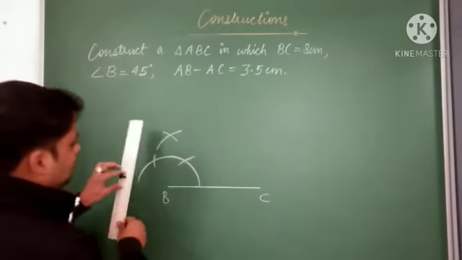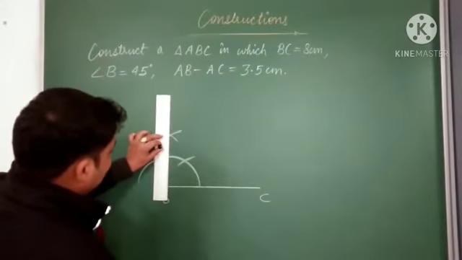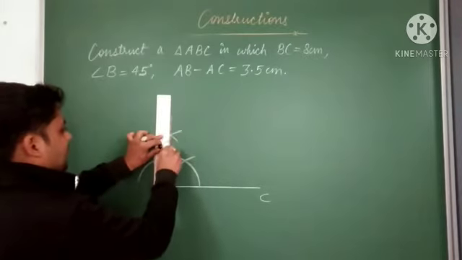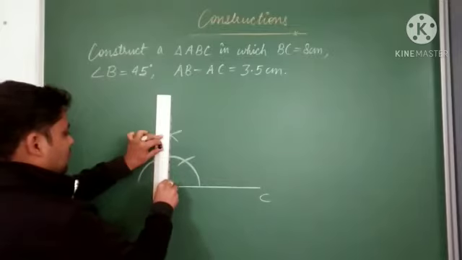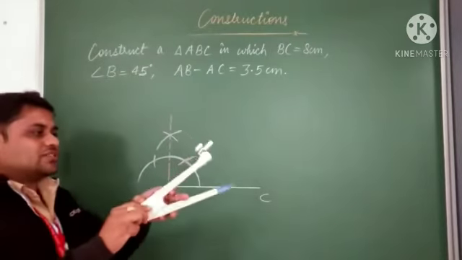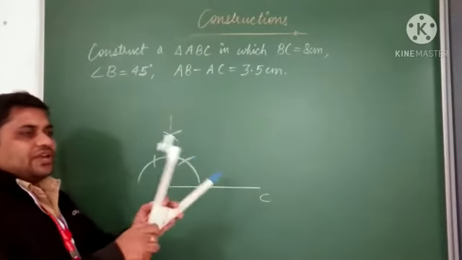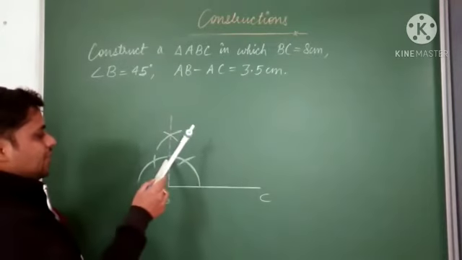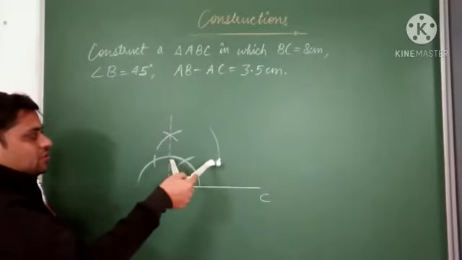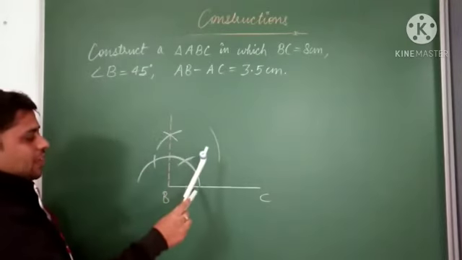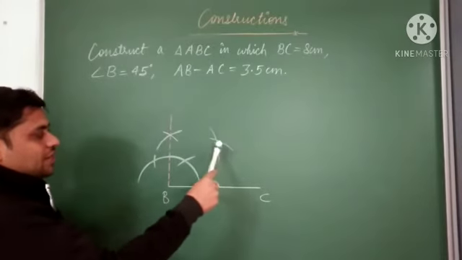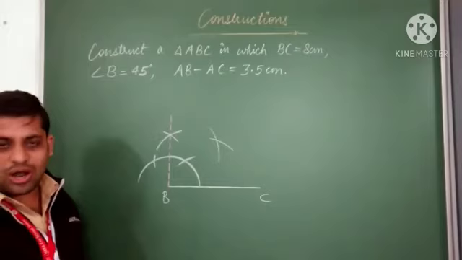After this we will bisect this 90 degree to construct an angle of 45 degree. We will open the radius of the compass so that we can move it freely, keeping the compass at the 90 degree point and drawing an arc, and then keeping the compass at the starting point of the 90 degree, we will cut one more arc.